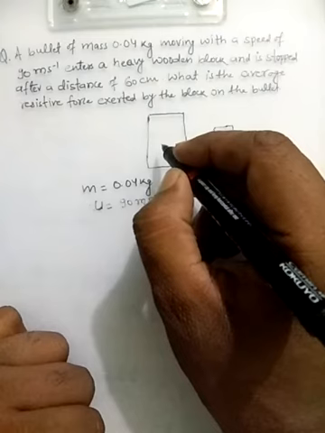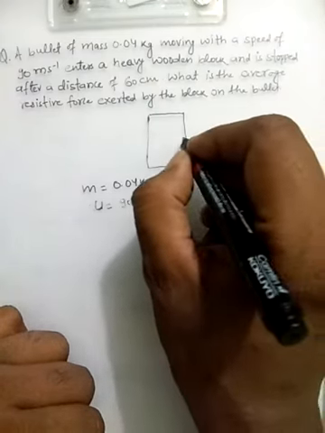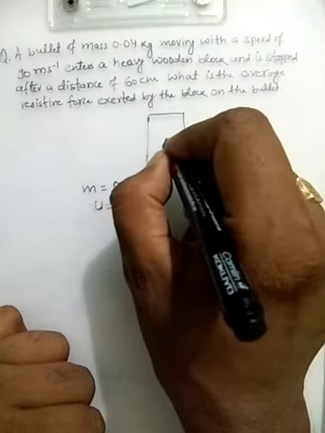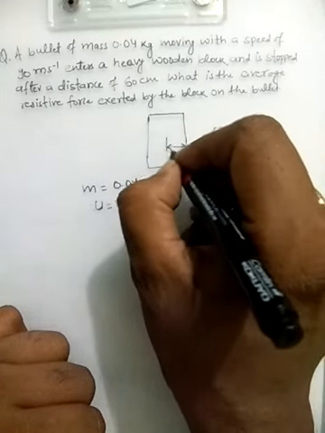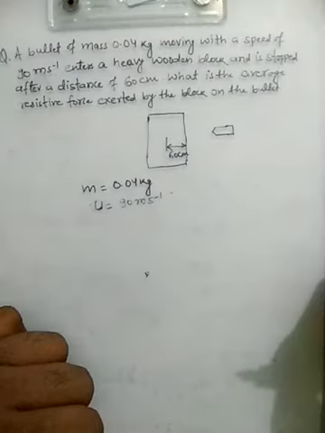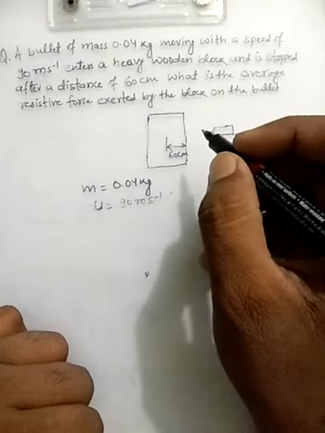It enters a heavy wooden block and is stopped after a distance of 60 centimeter. The bullet stopped after this distance, which is 60 centimeter. Then we have to find out what is the average resistive force exerted by the block on the bullet.